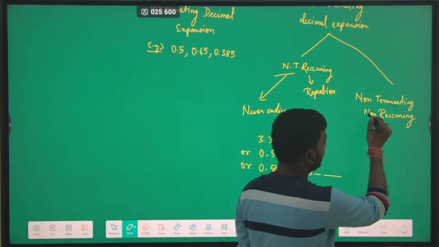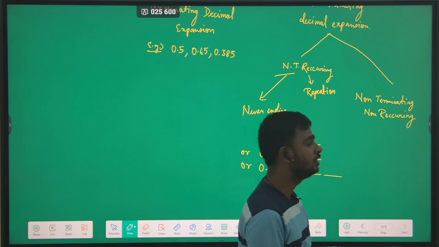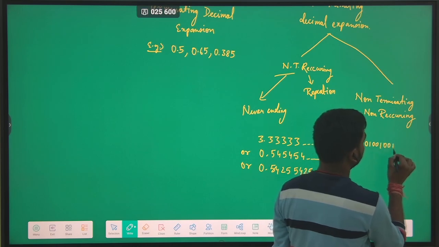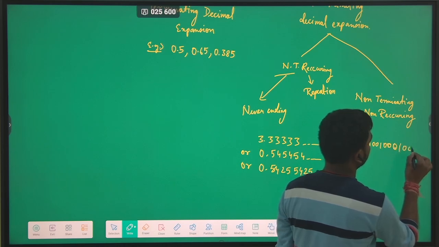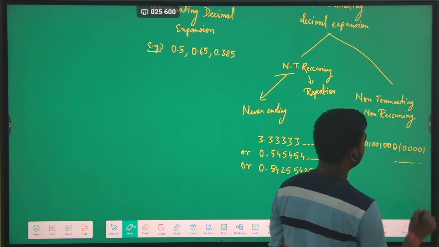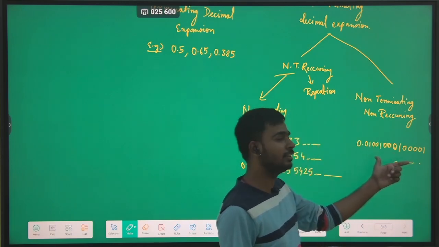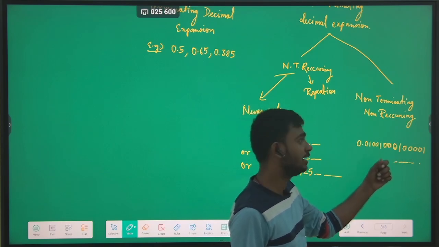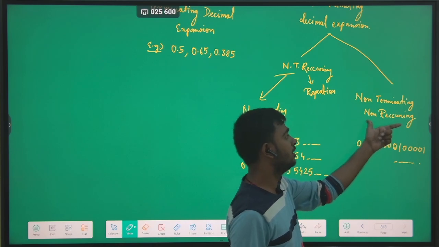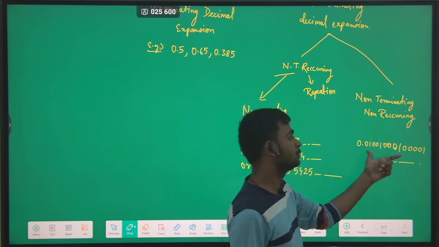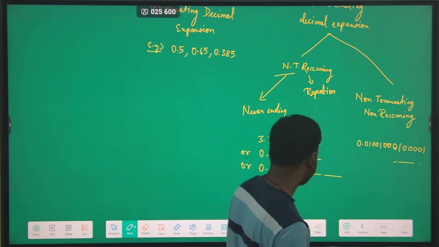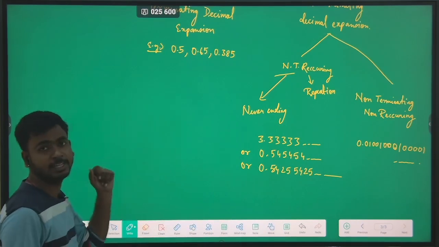And for non-terminating non-recurring decimal expansion, the examples are like 0.01001, 0001, 401 and continued up to so on. So there is no repetition in between the digits after the decimal point, and also the number is never ending. So the never ending and never repeating numbers for a decimal expansion are termed as non-terminating non-recurring decimal expansion. Okay. So this is the case.